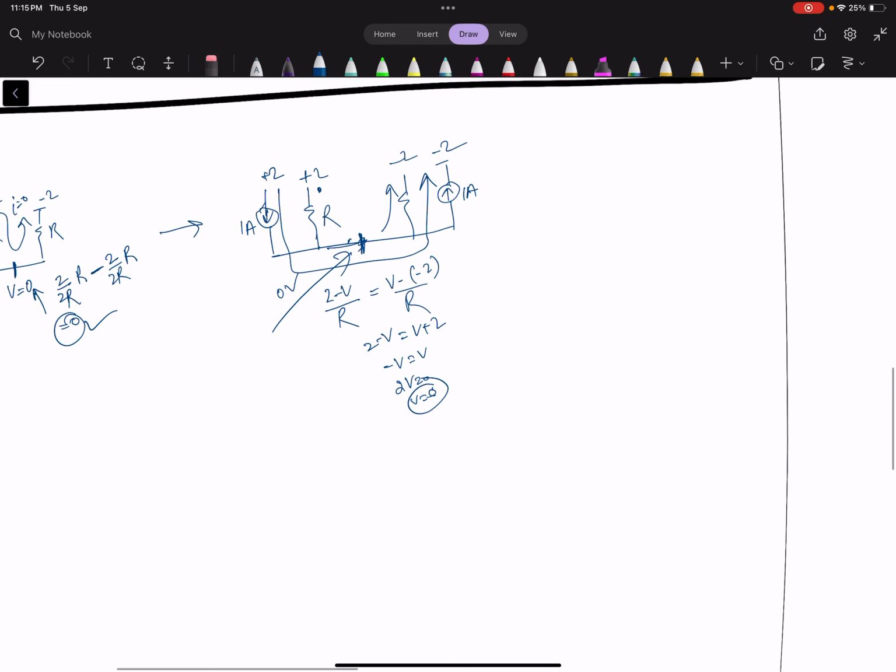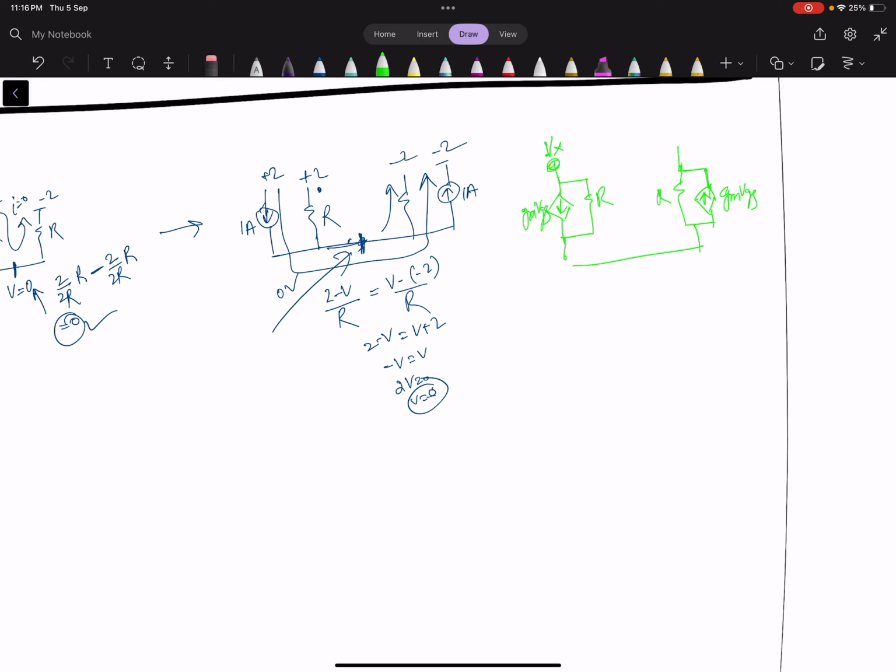I can draw this figure in this way also, as a current source, and since this is +2, let's say Vx, some voltage, and both resistance and current source have the same potential R, and let's say this is gmVGS. The same current will flow, and here also R, the same potential, the current direction is opposite but the magnitude is the same, gmVGS.